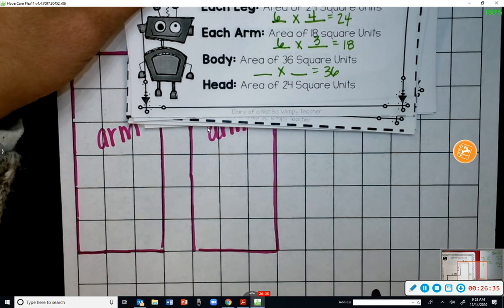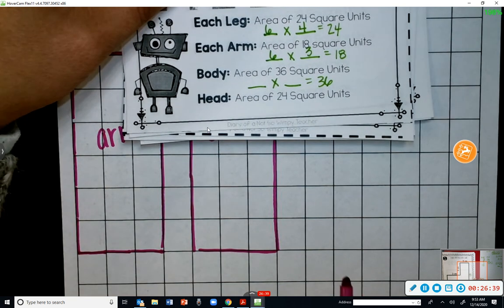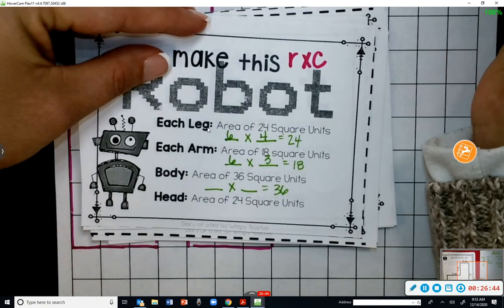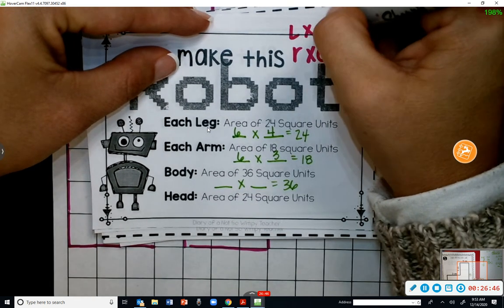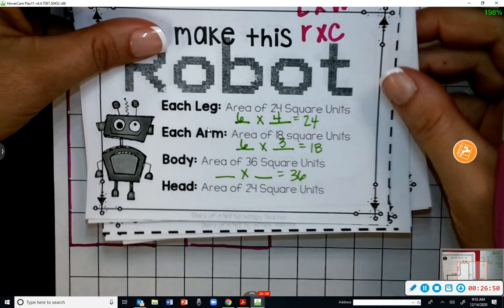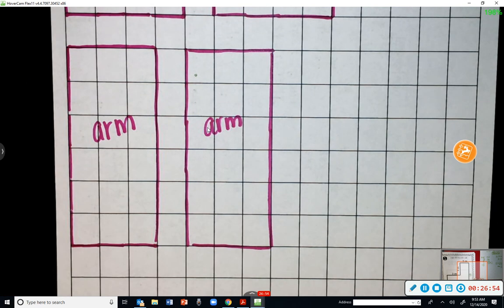Does that make sense? Yes. Because area is length times width, or rows times columns. So you have to know your math facts. Okay? Do we need to practice, or are you guys ready? Ready. Okay, good.